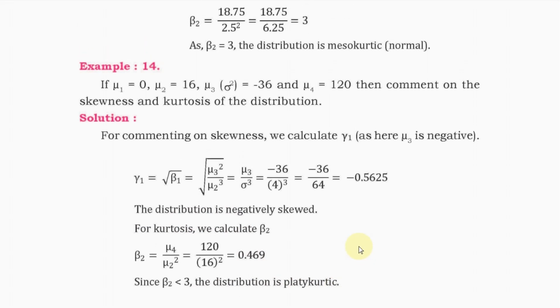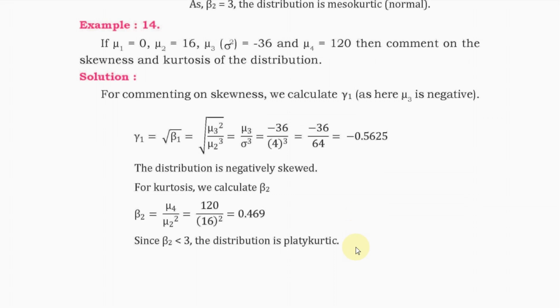Okay. So this was the last concept, kurtosis, pertaining to the analysis of univariate data. So we have studied the 4 important characteristics of univariate data. The first one is central tendency, which gives us a central number, a number around which all the values of the data are concentrated or revolving.